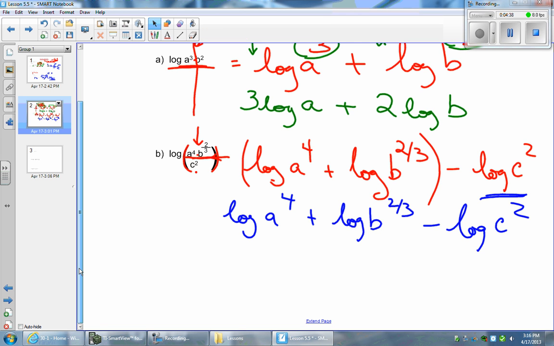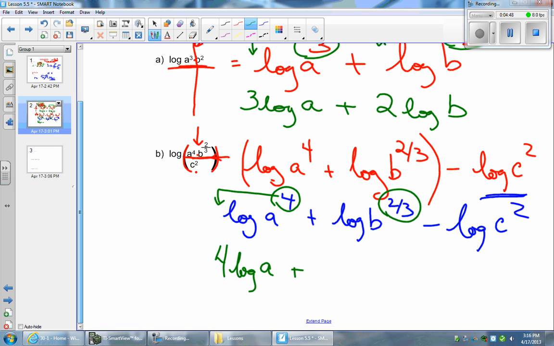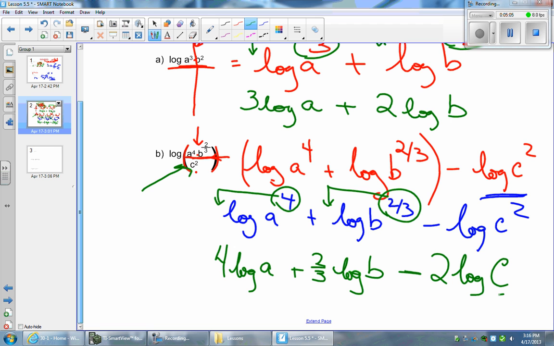Now, if you ask me, that's just a whole bunch of powers that you've got to deal with. Here's one, bring it to the front. So this is going to be 4 log a plus, bring the 2/3 up front, 2/3 log b, and of course there's that subtraction, which was our original division way down here. This is going to be 2 log c, and that's actually how you do it.